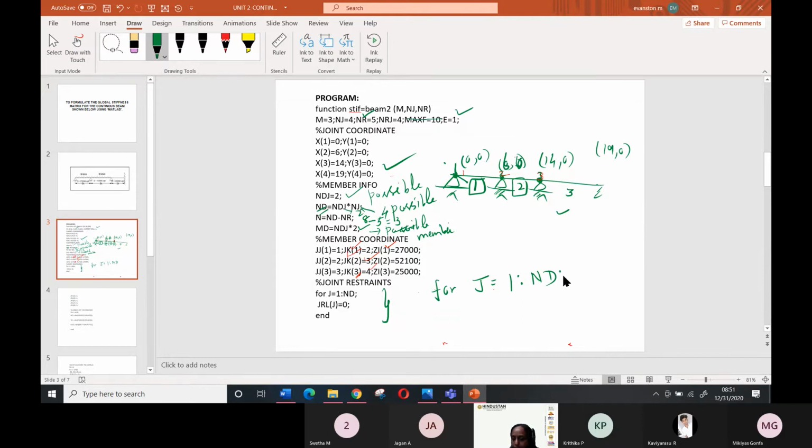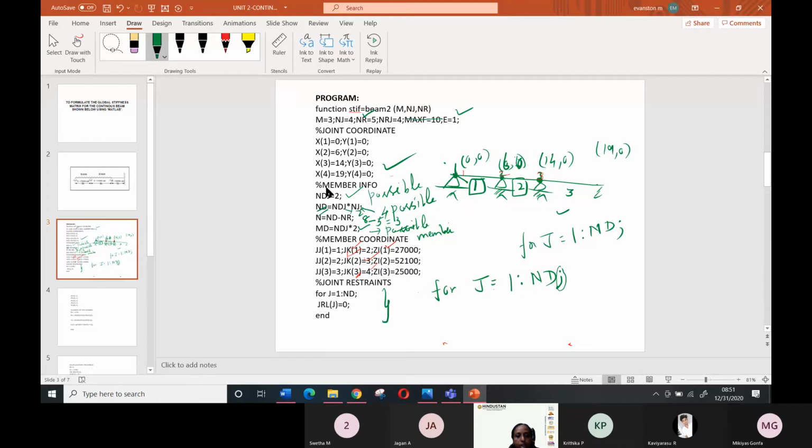One more thing I forgot to tell you: if you put the semicolon, the answer will not be displayed on the screen. If I write for j is equal to 1 to nd without the semicolon, then the answer will be displayed on the screen. If you put this semicolon, it will not be displayed.